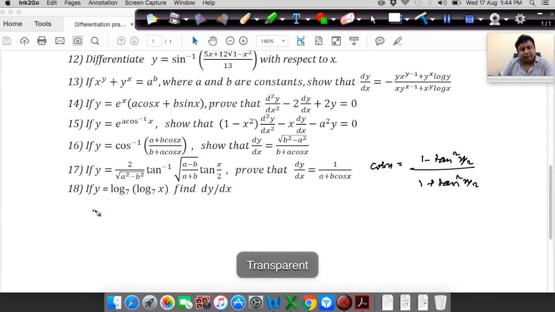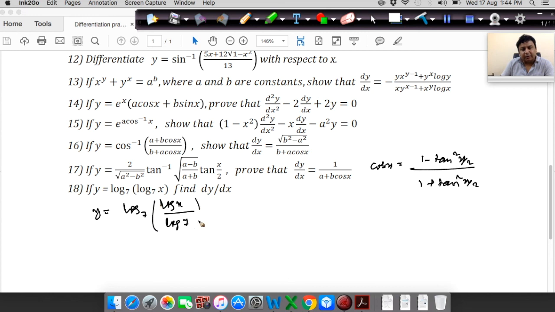Why? Because first you'll write y is equal to log of base 7 log x by log 7. The base is e. I used the base changing formula here. This becomes log base 7 log x minus log base 7 log 7.